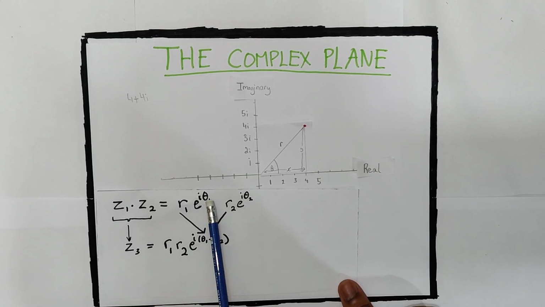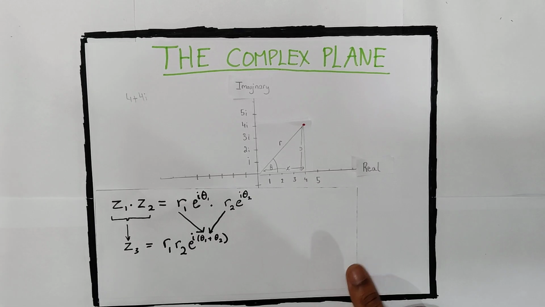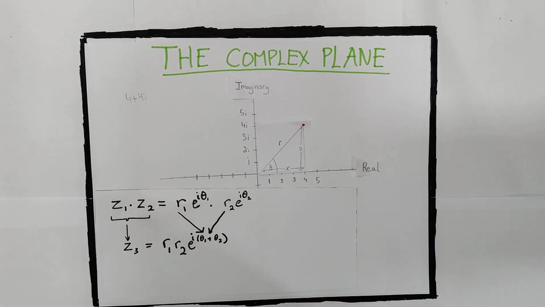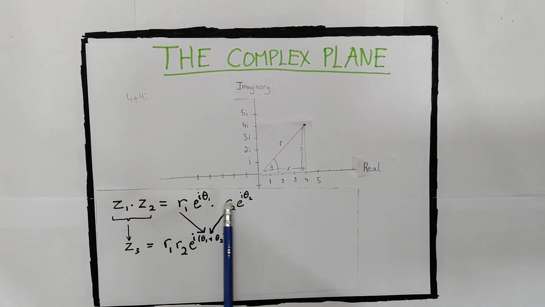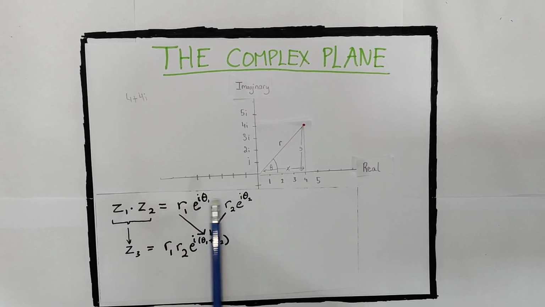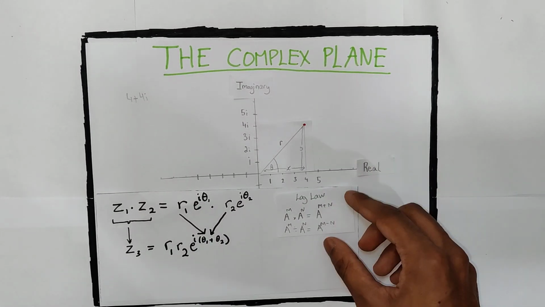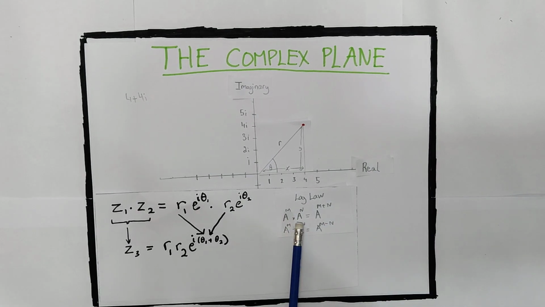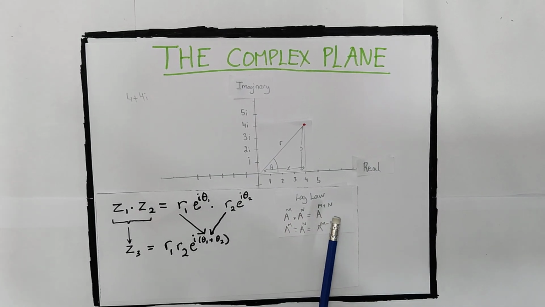And because of the laws of indices, when you have the same base, you add the exponents when you multiply. Remember, a to the m by a to the n is a to the m plus n.